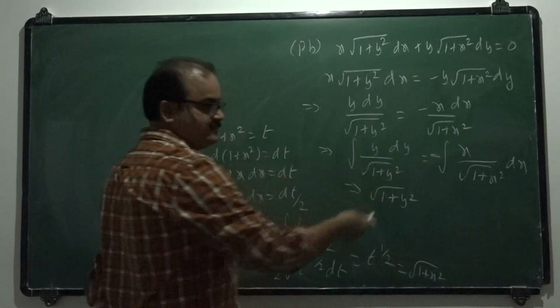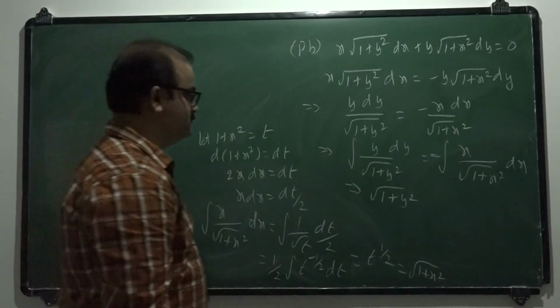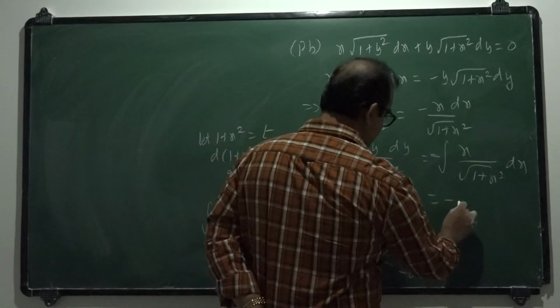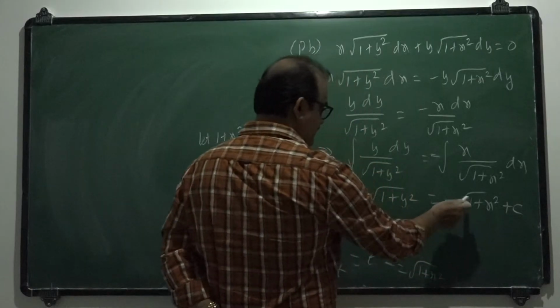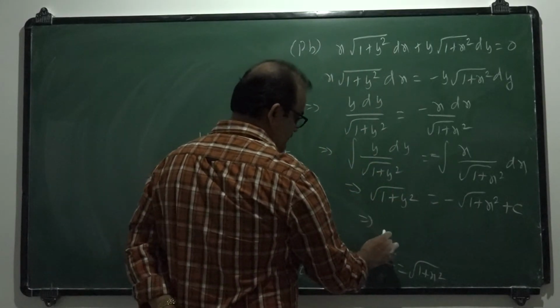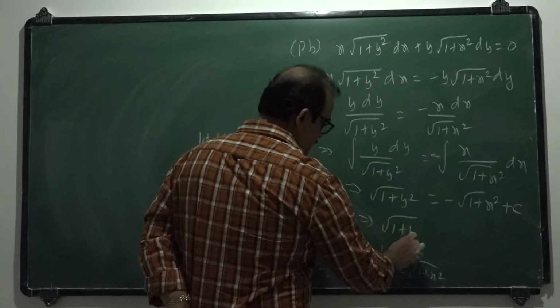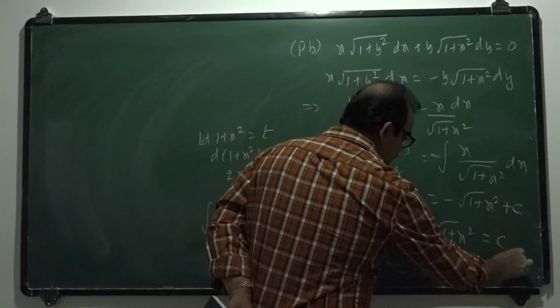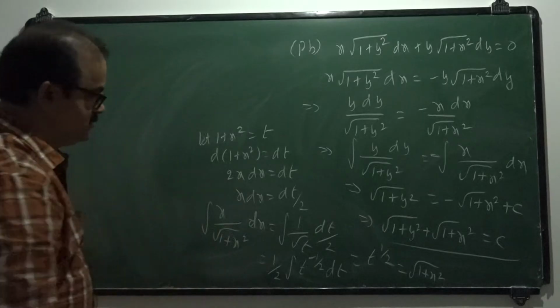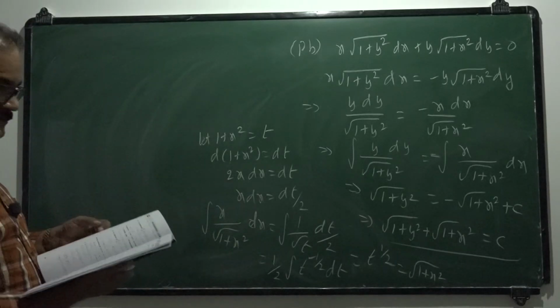Just in place of x there is y. Is equal to minus of... plus, take this minus term to left hand side. Is equal to c. This is the solution.